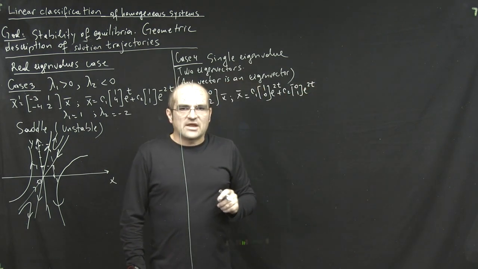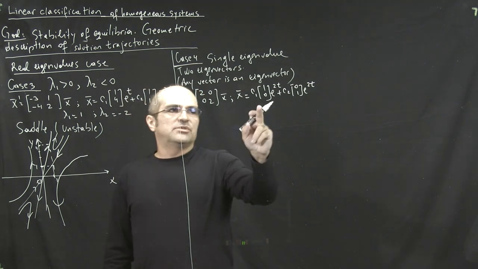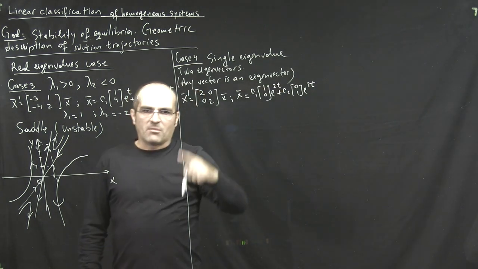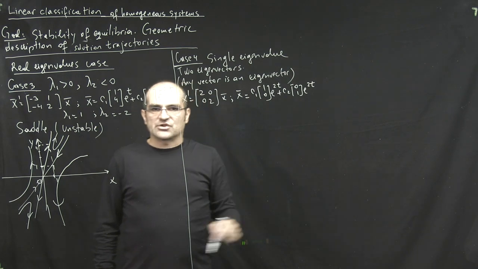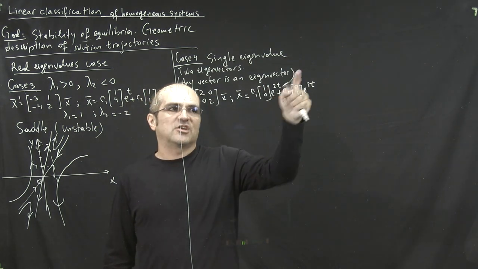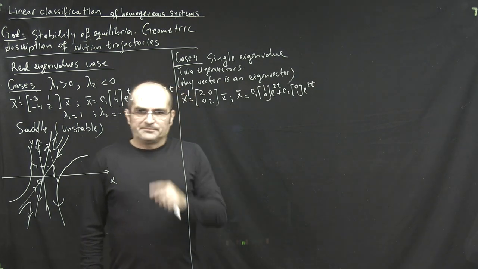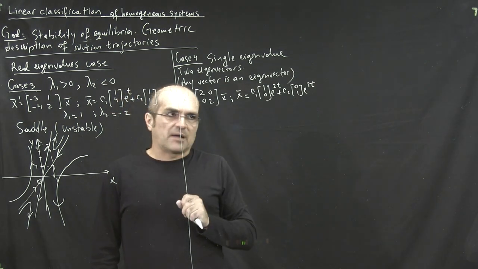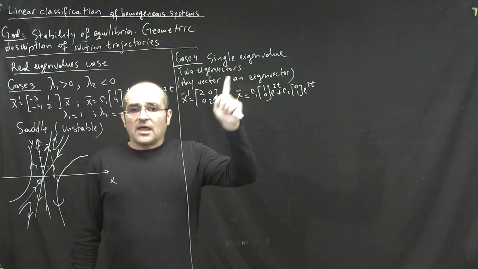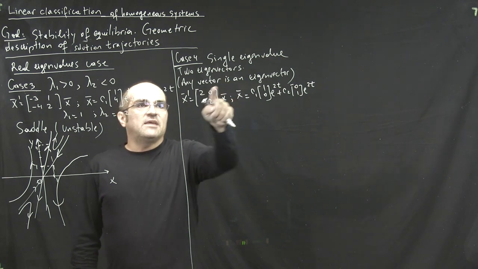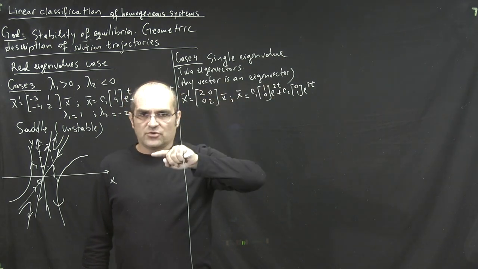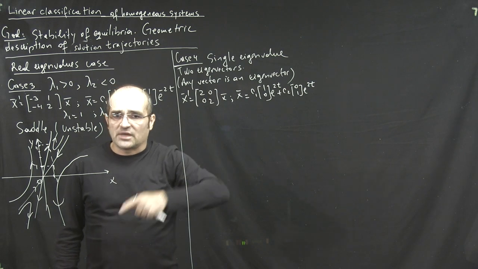So notice you have the same lambda, but you have 2 different eigenvectors which form a basis, and they generate essentially the entire plane. Remember from linear algebra, (1, 0) and (0, 1) generate via linear combinations the entire plane. So any vector is an eigenvector, which means any vector is a straight line solution.